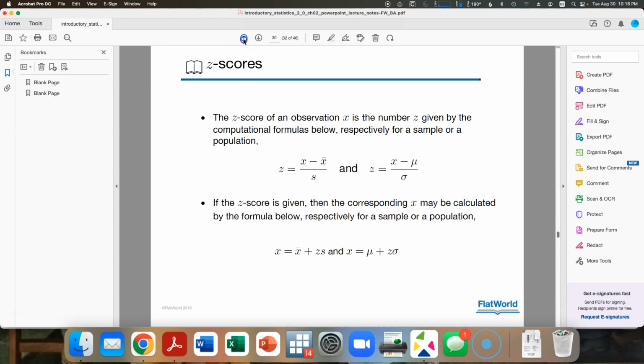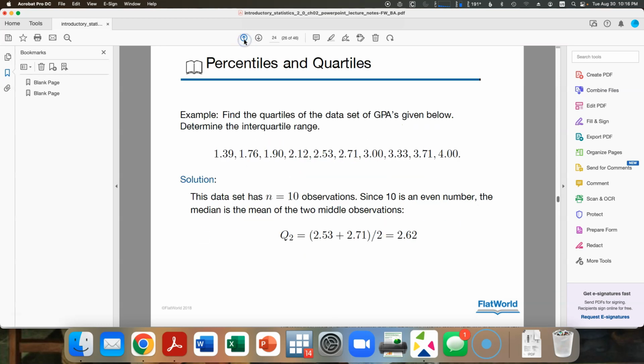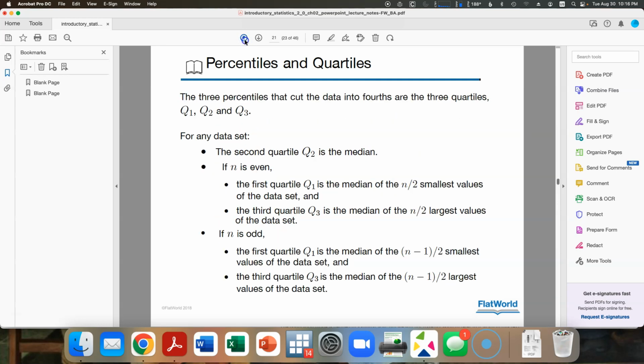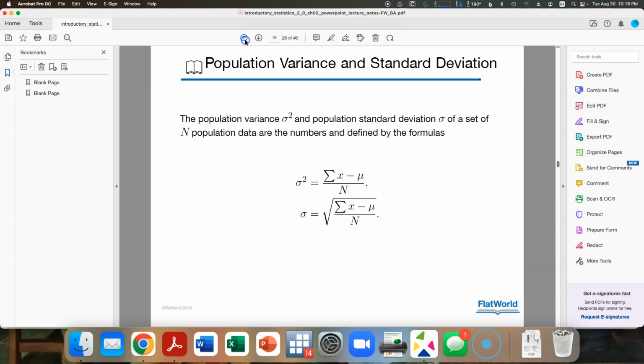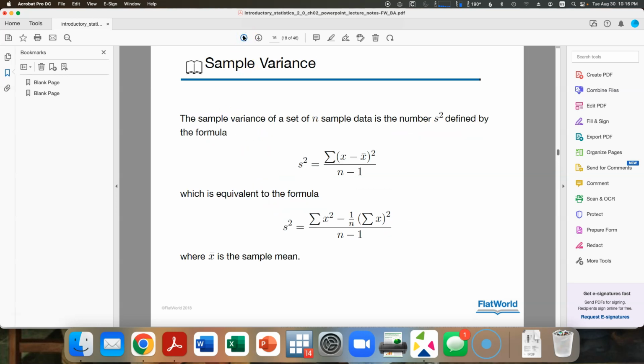So for our equation for S, we've got that right here. The square root of S squared, essentially, for our variance.